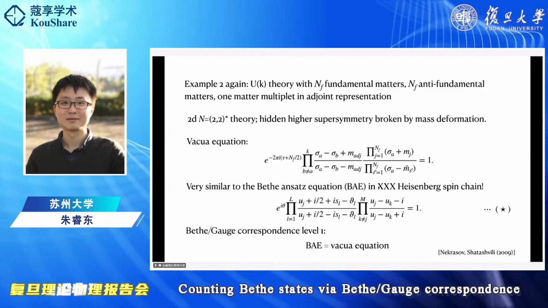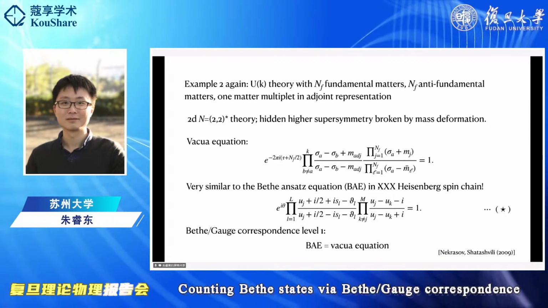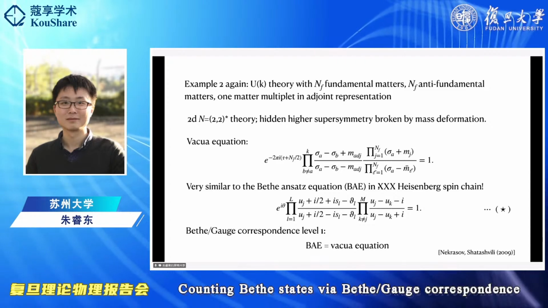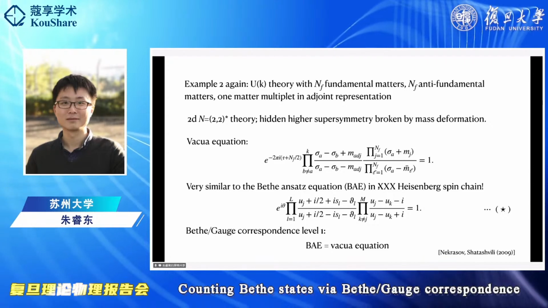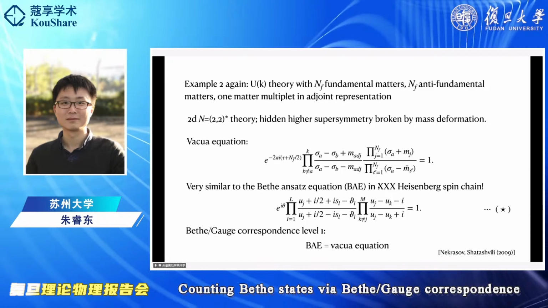Maybe a related question. So far, apart from providing a dictionary for the duality between supersymmetric gauge theory and integrable models in one dimension, can you use those formalisms to predict new types of integrable models? Maybe.